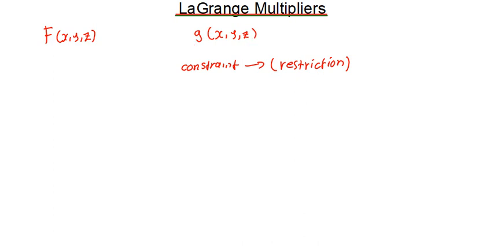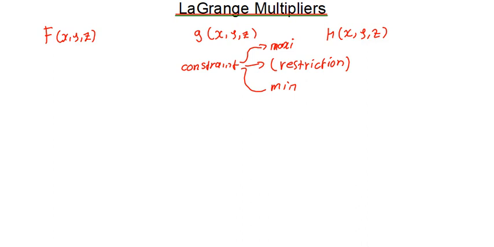If you have multiple constraints, let me say you have two constraints, I'll use h in this case. That is going to be your h, you have your x comma y comma z. So how we deal with this is this way. The maxima constraints as well as the minima constraints are found from the intersection.